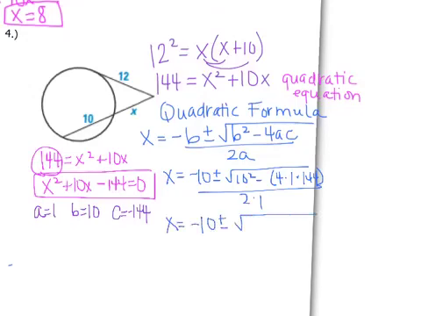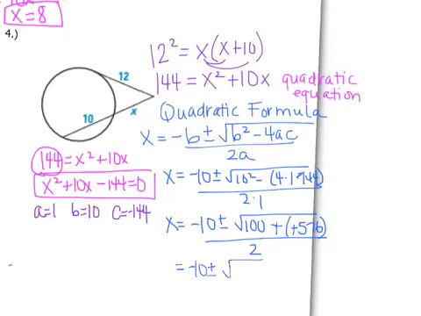I'll first square 10, that's 100, minus, and then 4, oh, I forgot my negative for the 144. That should be 4 times negative 144. That's negative 576 all over 2. I can make that minus and negative a plus. So that's really negative 10 plus or minus the square root of 676 over 2.